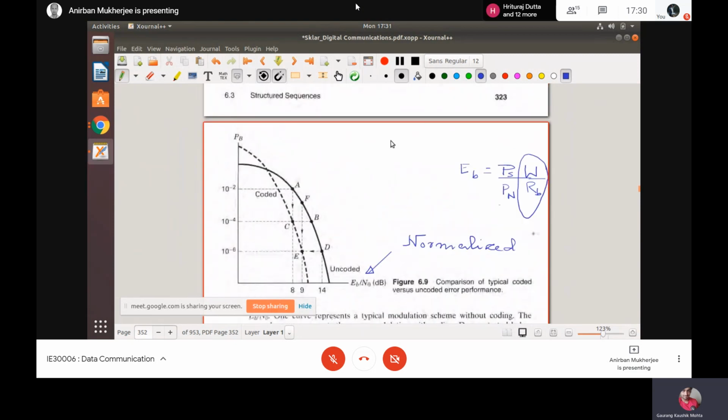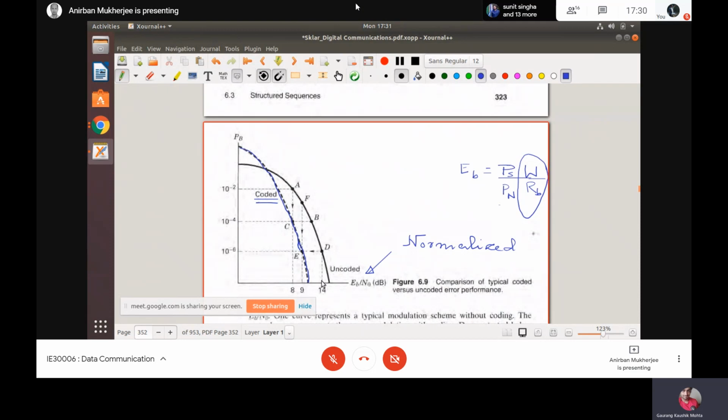Now if you see, this particular curve shows quite important characteristics. This is PB versus EB by N0. This one is for the coded case, and this one is for the uncoded case. That means if I don't do channel coding, I will have this type of characteristics. If I have channel coding, I will have better characteristics.